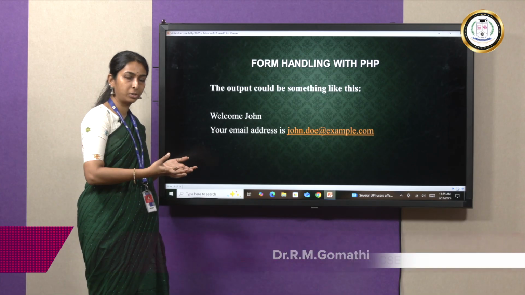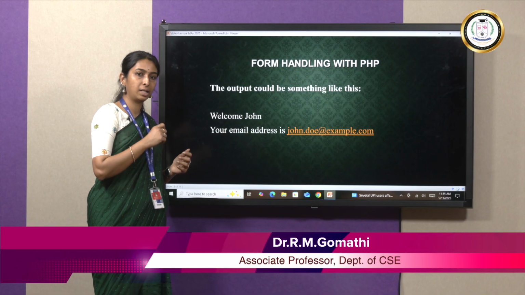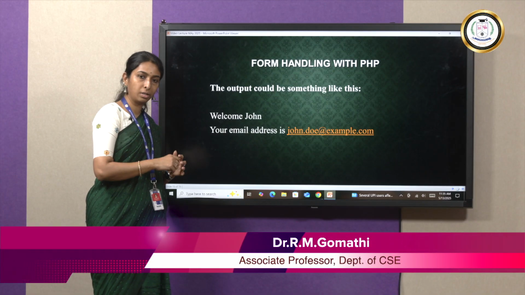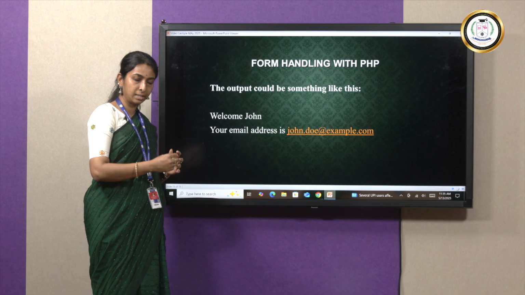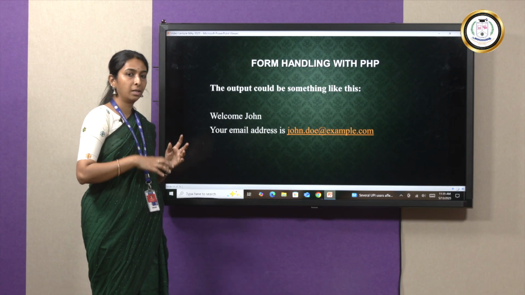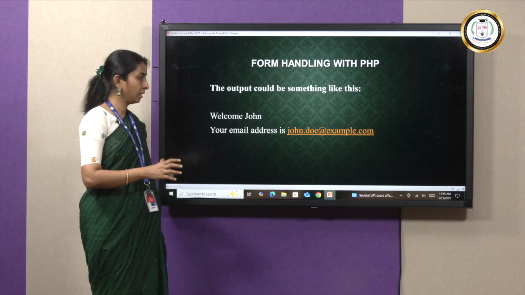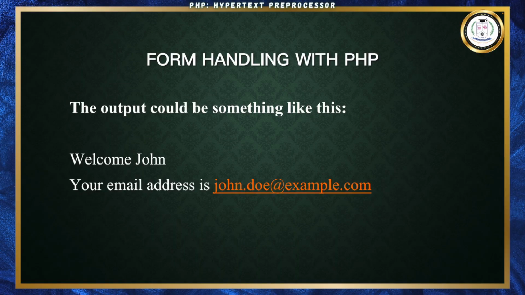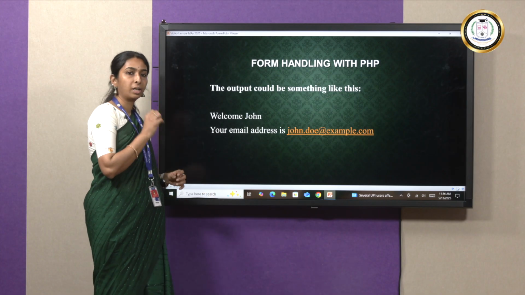The user is supposed to enter his name and email address, then click on the submit button. Once you click on the submit button, his name and email address will be sent to the PHP file on the server side, right. The server will be processing this data and it displays the output like this. Welcome John, your email address is john@example.com. So these are the two data which have been inputted on your HTML form.